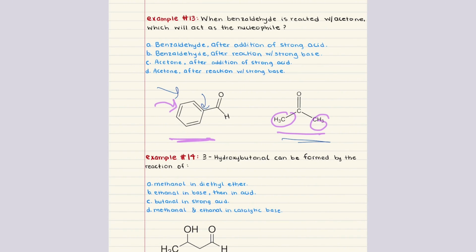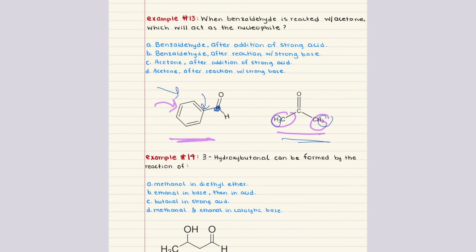Acetone, however, has alpha hydrogens on both sides of the carbonyl group. So in the presence of a strong base, one of these hydrogens can be removed, and that generates an enolate ion. This enolate is nucleophilic, and it attacks the electrophilic carbonyl carbon of benzaldehyde in an aldol type reaction.